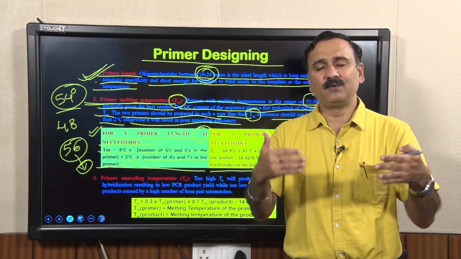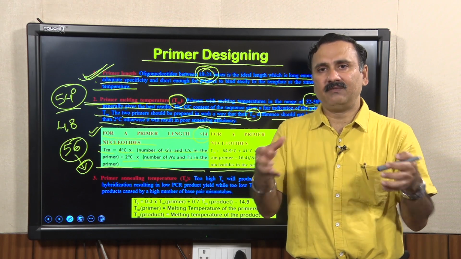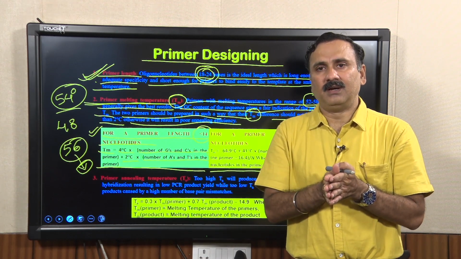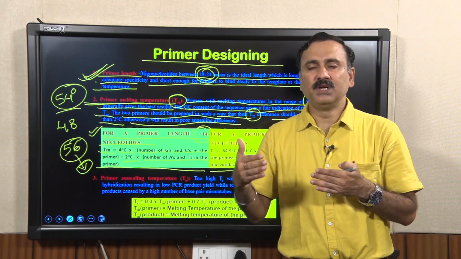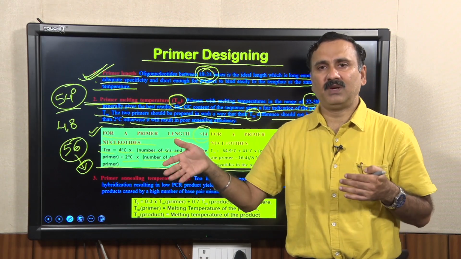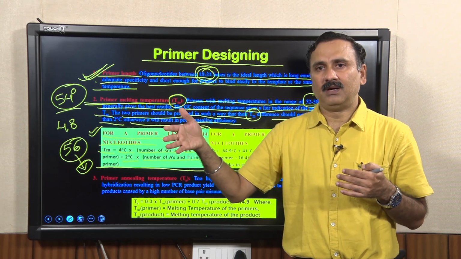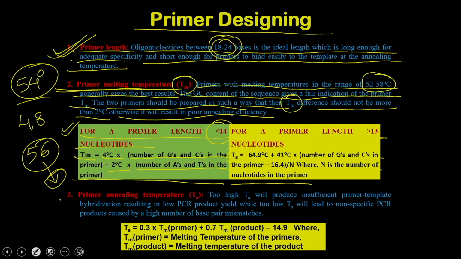So, you have to design the primers in such a way that they have very close Tm values, so that you can comfortably use one annealing temperature and both primers will anneal to the target DNA. Apart from that, you also require the primer annealing temperature.